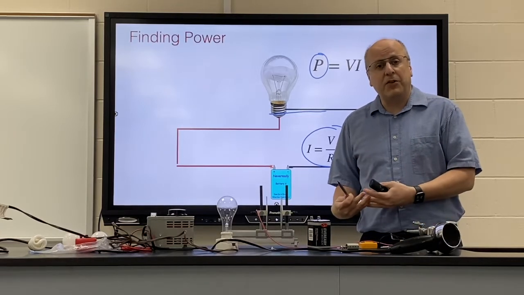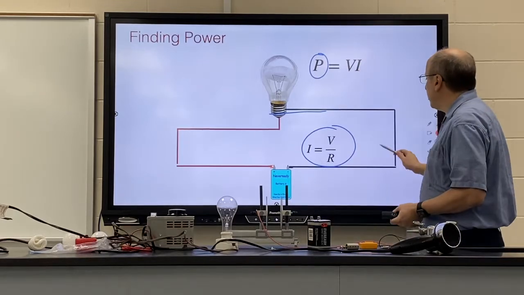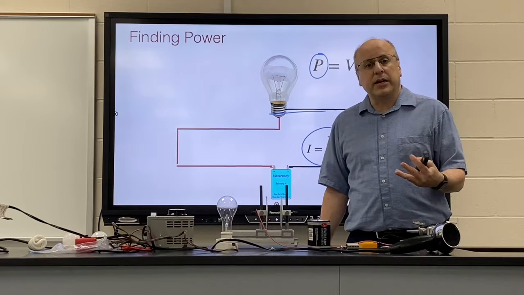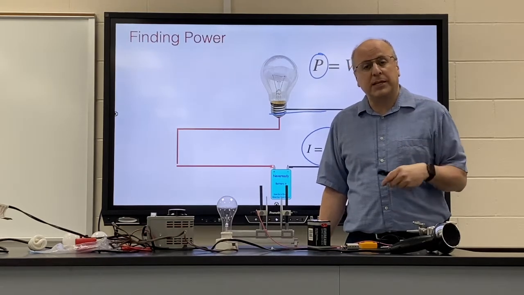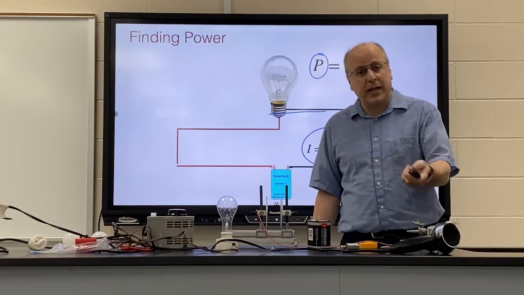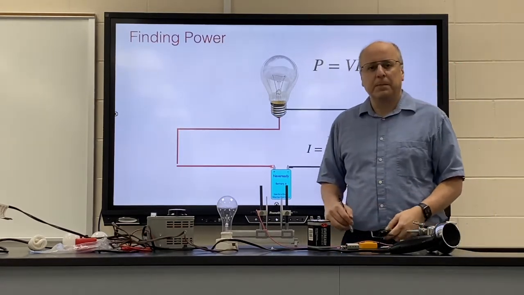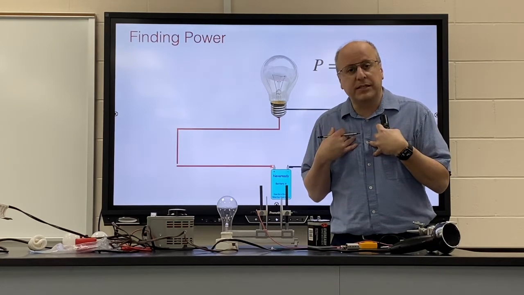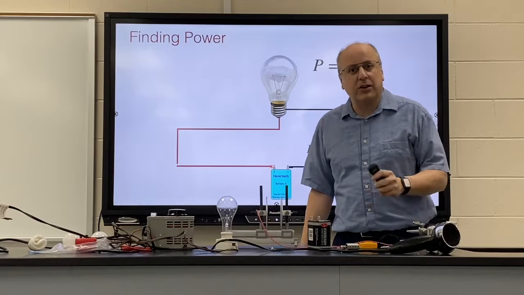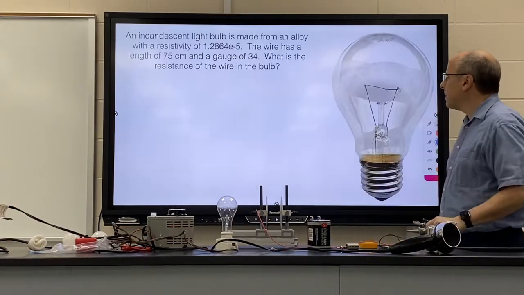We could then figure out how much that energy is going to cost. We could also use the current to see if we're going to blow a fuse. We could use the current to figure out how much charge comes out of our battery so we could see how long our battery is going to last before it dies. Everything comes from this equation. We control the resistance, we control the voltage, nature controls everything else, and we're smart enough that we can figure it out ahead of time.